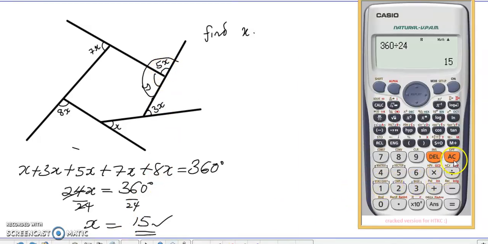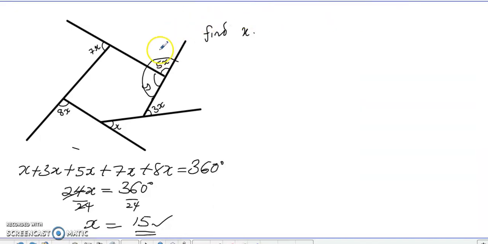So the angle there is 5 times 15, which gives us 75. So I will have y plus 75 is 180. Subtract 75 from 180 gives us the value of y. So know that the angle on a straight line is equal to 180.